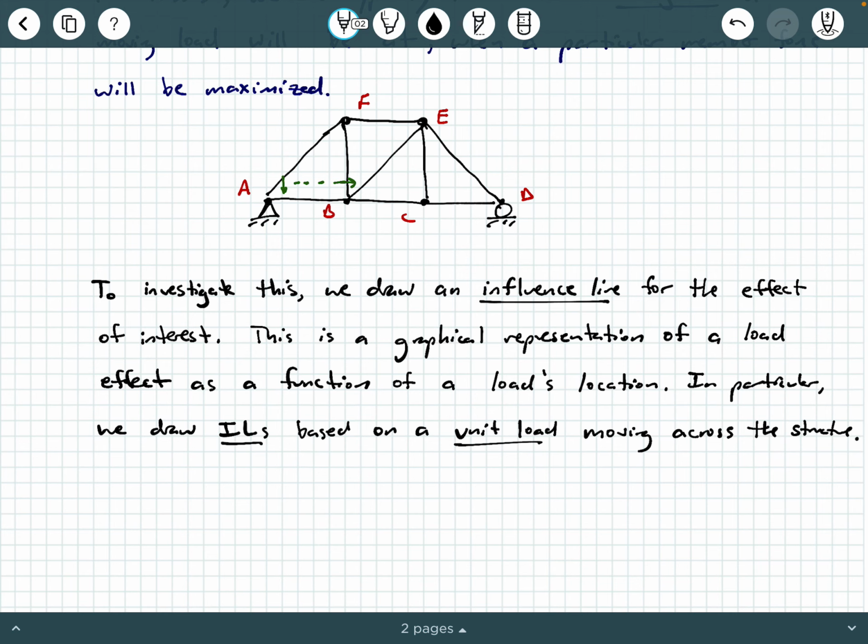So what's great about this thing called an influence line is it can tell us where the moving load will be located that will cause the maximum effect or the greatest influence on a particular member. That's the idea of it, okay?